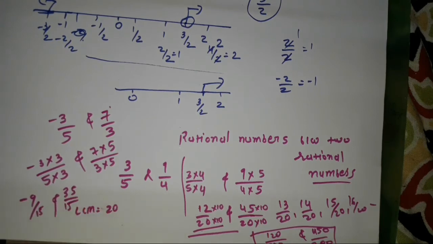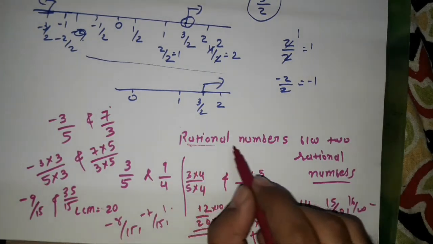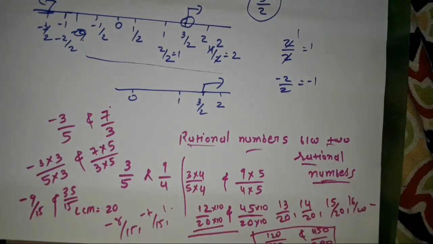So between minus 9 upon 15 and 35 upon 15, we'll get minus 8 upon 15, minus 7 upon 15, like that, until that we can get a number of rational numbers. So this is how we can find rational numbers between two rational numbers.